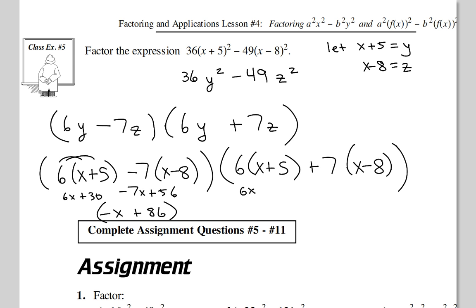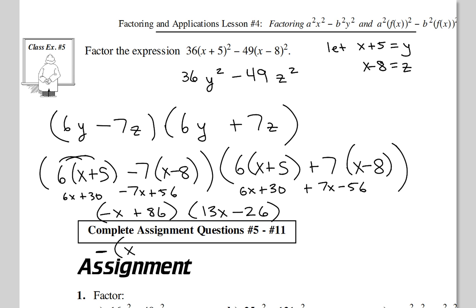Over here we have a 6x plus 30 and a 7x minus 56 for a 13x minus 26. Because I hate subtracting. And then just make it a little bit cuter. I'm going to factor out a negative on this.